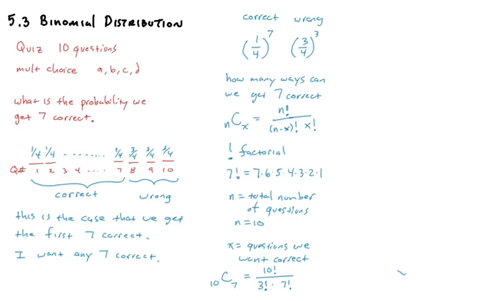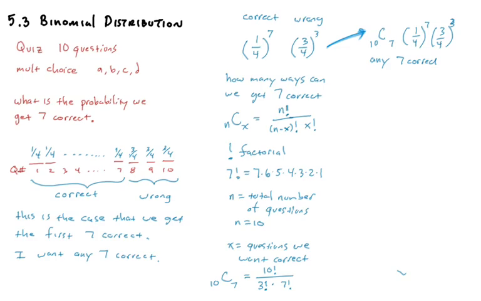So the whole expression is really going to be 10 choose 7 times 1/4 to the 7 times 3/4 to the 3rd. This is the way that we get any 7 correct.